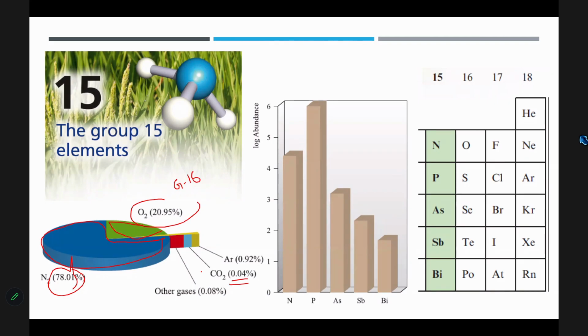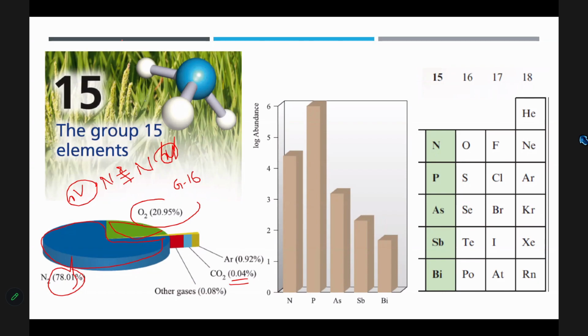Many of us think that it is oxygen. No, it's not at all oxygen. Oxygen is only 20%. 78% is dinitrogen, a highly stable species, as you all know. Nitrogen has a triple bond with one lone pair of electrons on each side. Very, very stable. It's rock stable actually.